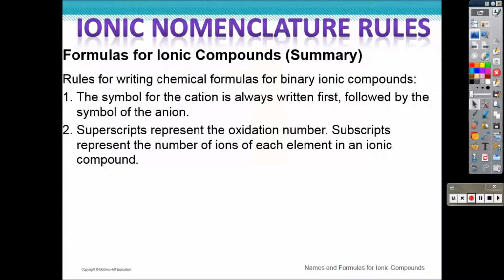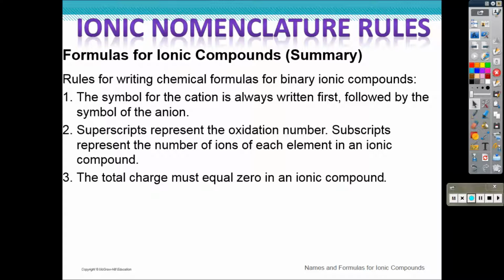Superscripts in chemistry represent the oxidation number or the charge, the electrical charge from gaining or losing electrons. So you can be +2 or -3 or whatever. And then the subscripts are the numbers on the bottom, and that tells you how many ions to have in the formula. When you add up all of the charges from the cations and anions, it should all add up to 0. It must equal 0.